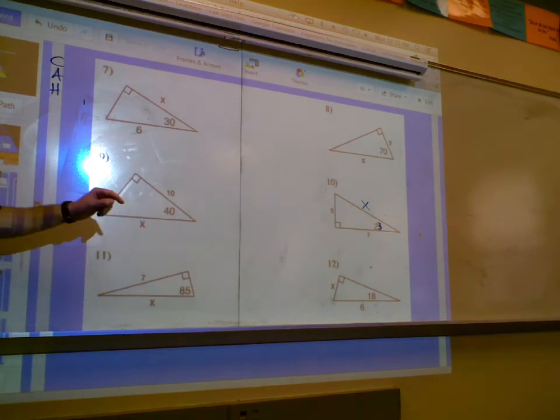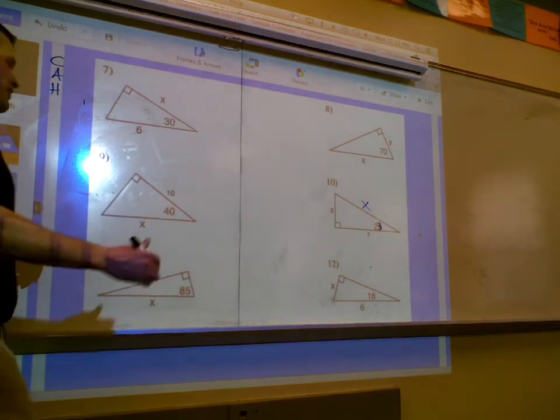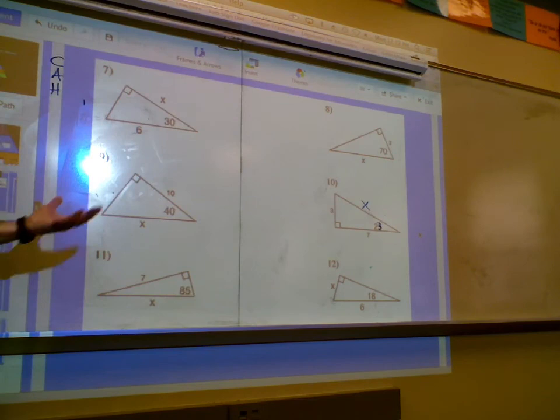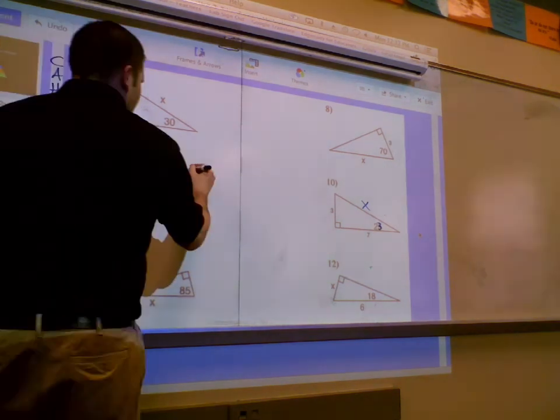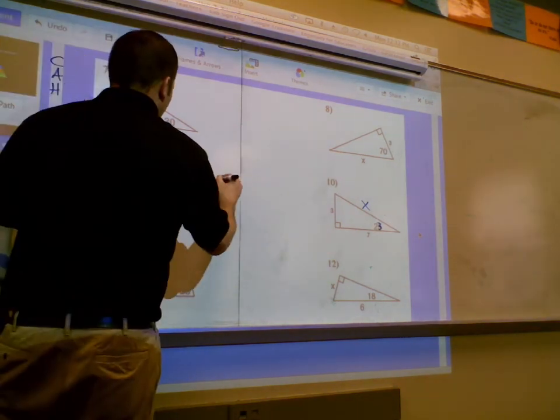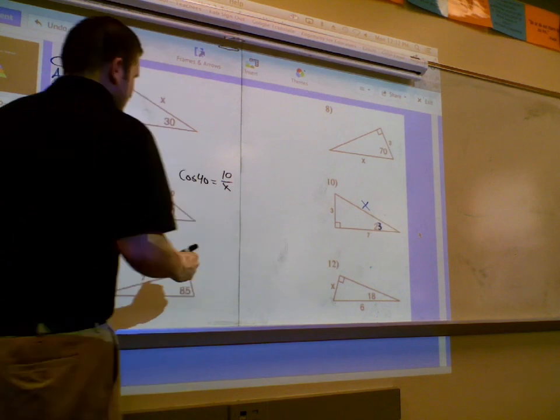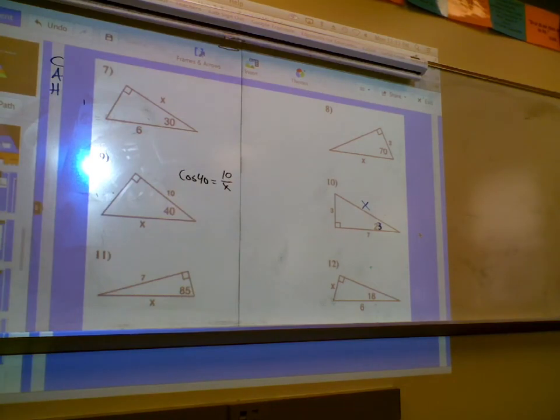Adjacent, good. What's x? Hypotenuse. So, if I have adjacent and hypotenuse, sine, cosine, or tangent? Cosine, good. So cosine 40 equals 10 over x. When we solve this, what's x? 13.05. Okay.